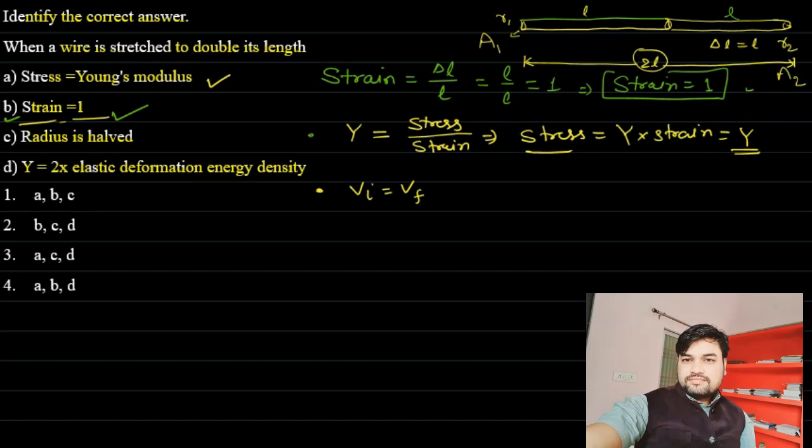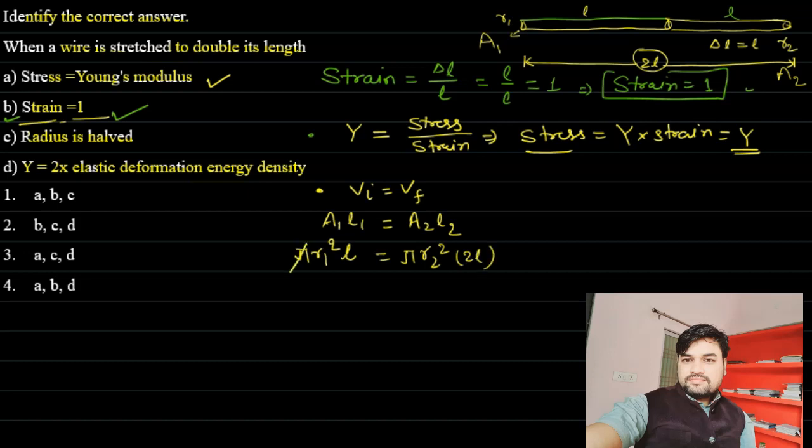So initial volume A1 into L1 will be equal to A2 into L2. A1 is pi R1 square, L1 is the initial length of the wire, which is L. A2 is pi R2 square, and L2 is the length of the wire after stretching, which is twice of L.